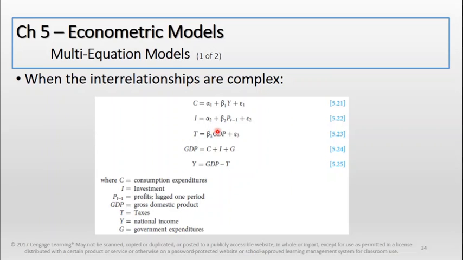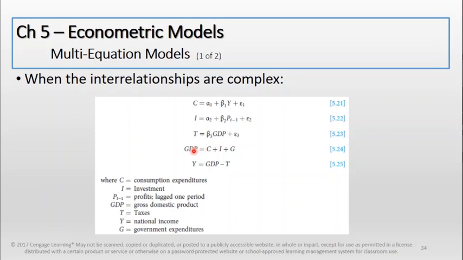If you can see here, in your T, if you already have the value of your GDP, remember they are connected, so your relationships are interrelated. Before you can get the T, you need to have the GDP.